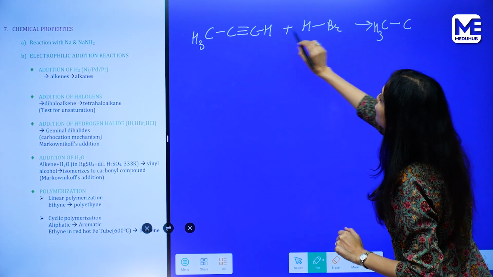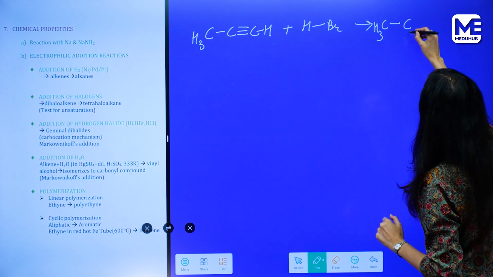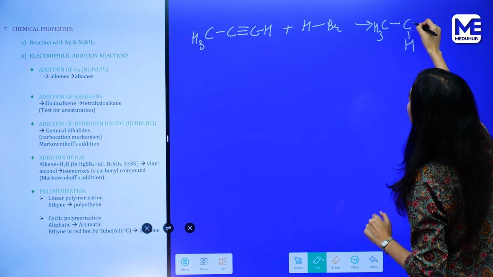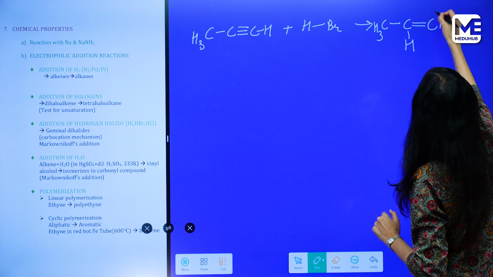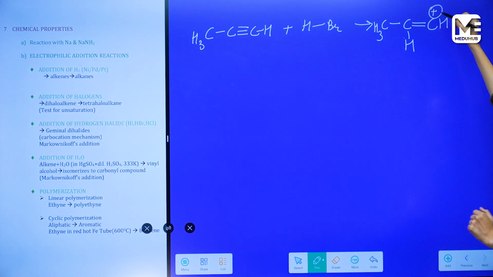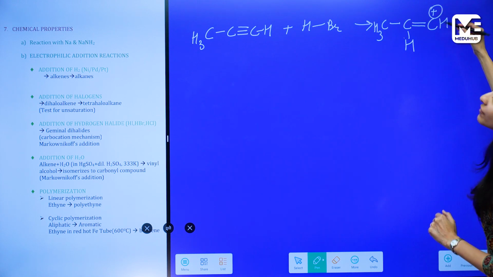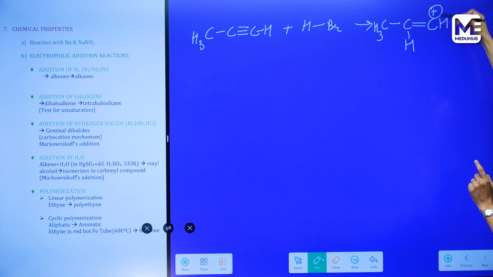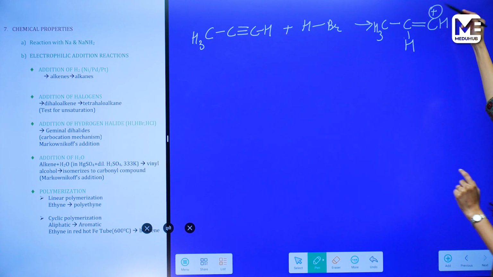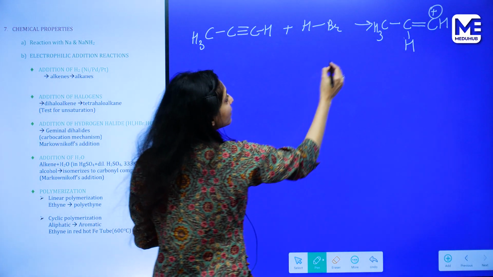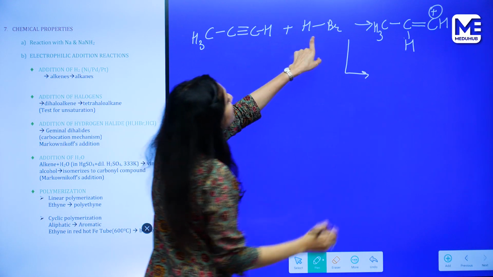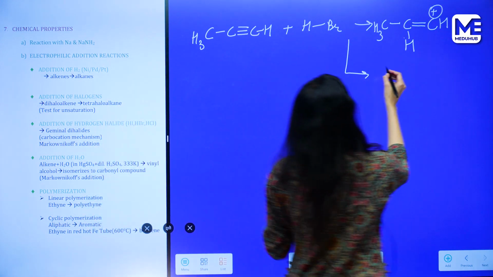See, hydrogen can add on here or here. If it adds on here, we get a carbocation here. And now bromine will add on here to give us a product where both the bromine atoms are on the third carbon atom, right? Or we can get another product where the proton adds on here.